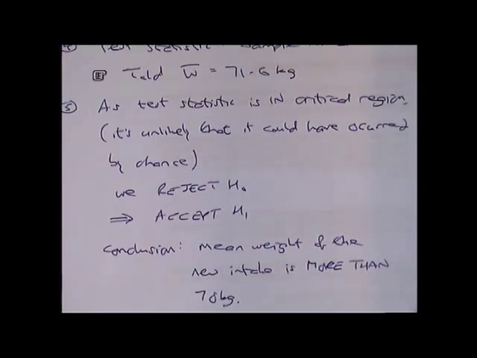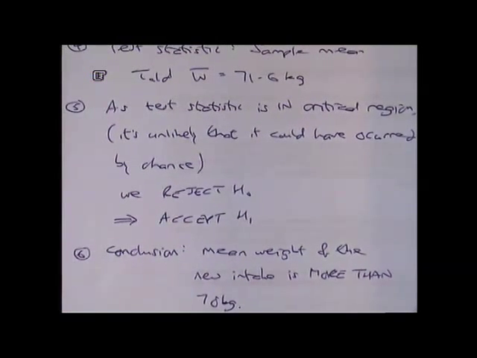Can everybody see that we've made a decision? That was step 5, and step 6 was state the conclusion in words. Is everybody happy how they can see, for that first example, that we went through those 6 steps? It will become clearer as we do more. I'm just going to pause the video there a minute.